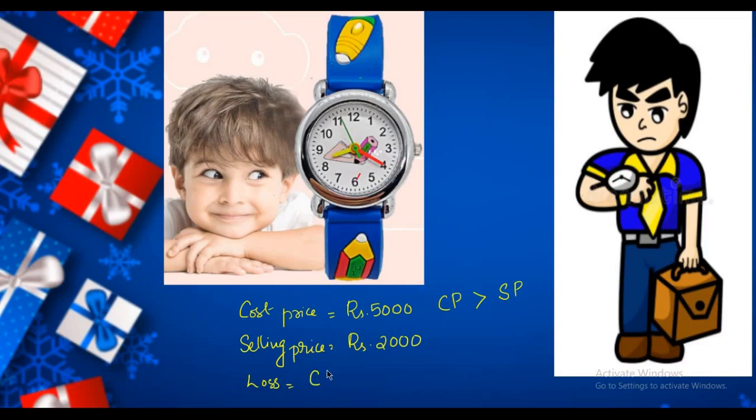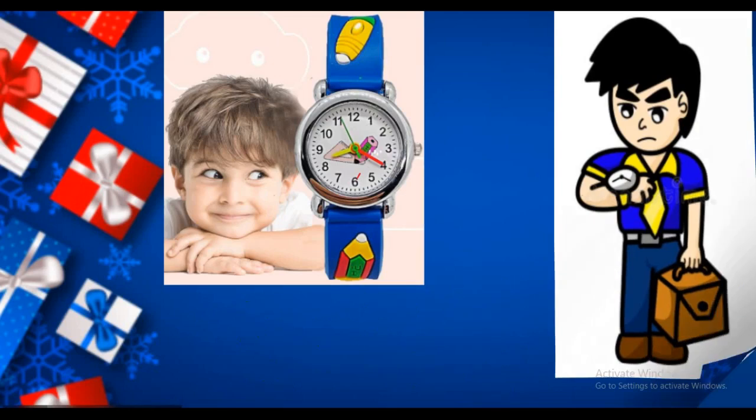So loss is equal to cost price minus selling price. It is 5,000 minus 2,000 equal to rupees 3,000. So Rahul had a loss of rupees 3,000. We can define the term loss as it is.